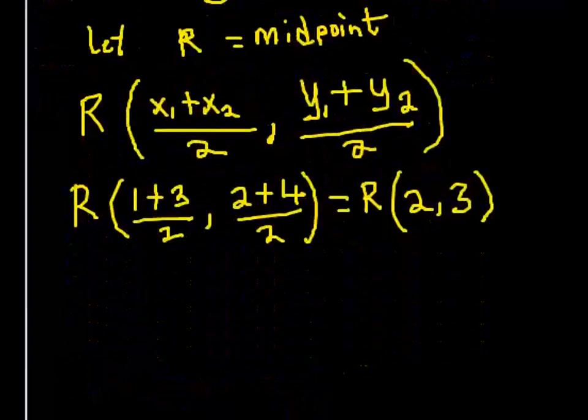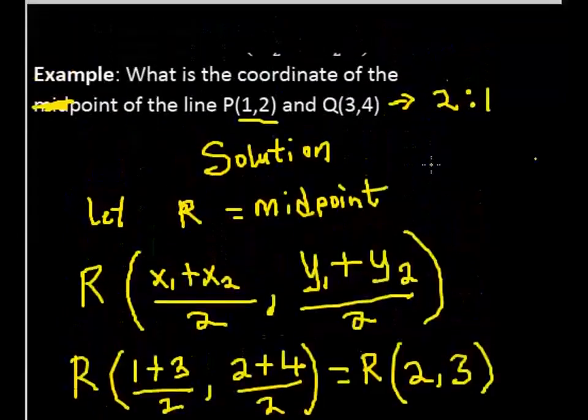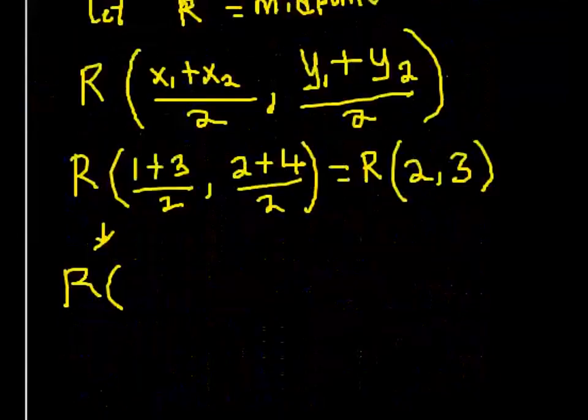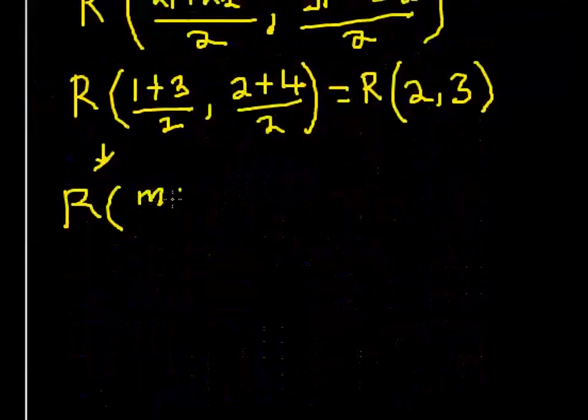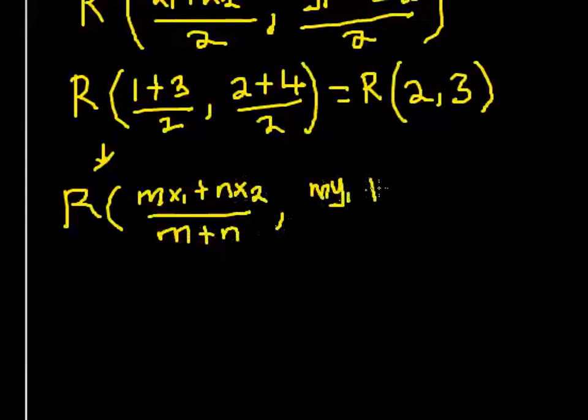Okay, if that is being the case, now that means in that case R is going to be equal to, remember how it is, that means this is m, this is n, remember, so that the formula is mx1 plus nx2, then m plus n, comma, my1 plus ny2 divided by m plus n.